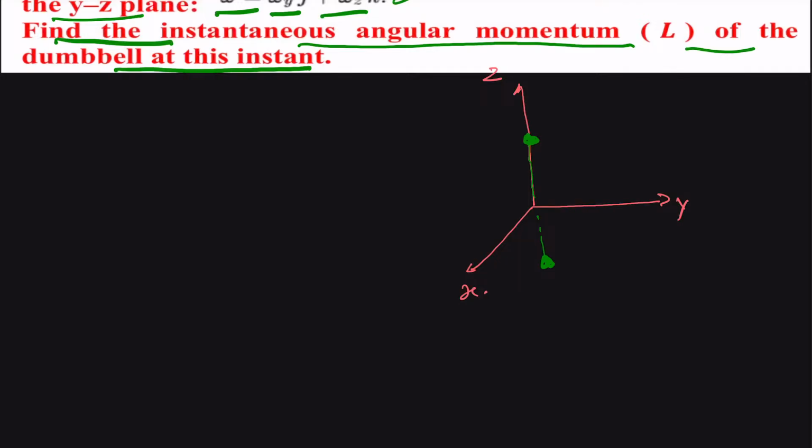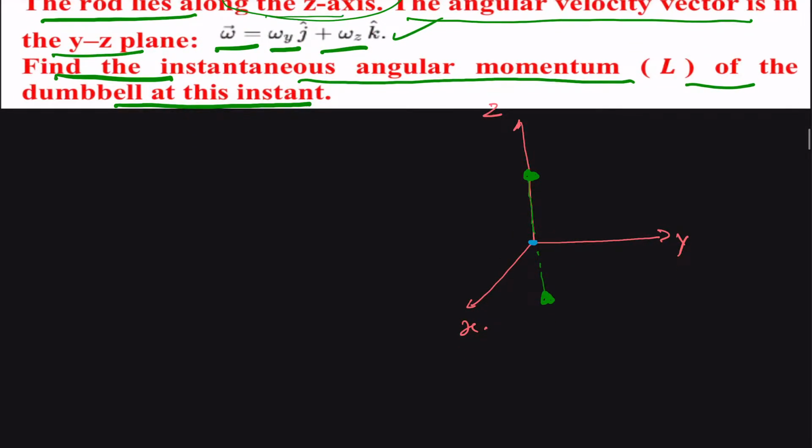So this point is our center of mass, and this value of omega is given as omega y. So we are going to have a component omega y, and we are going to have another component that is omega z. So obviously its resultant will be our omega.